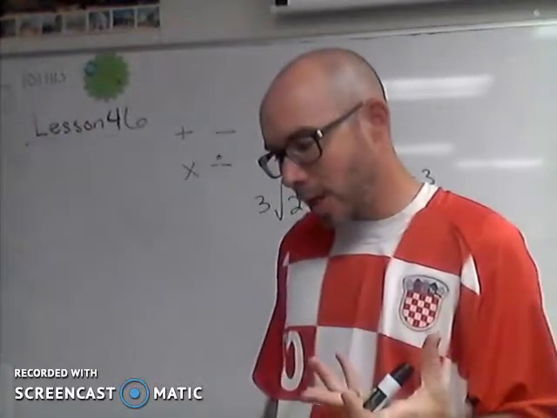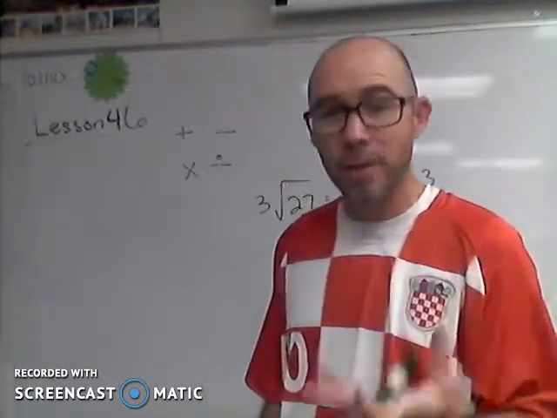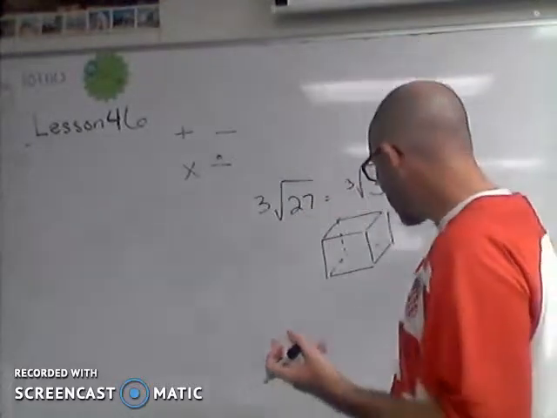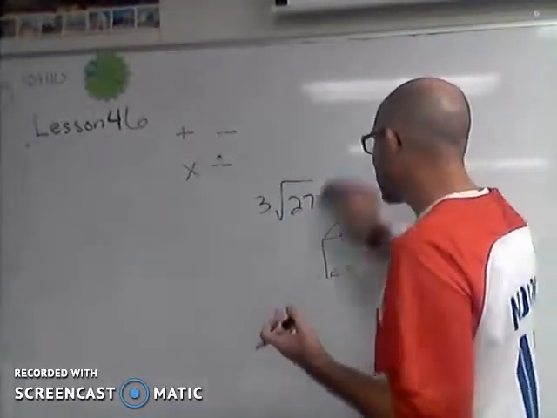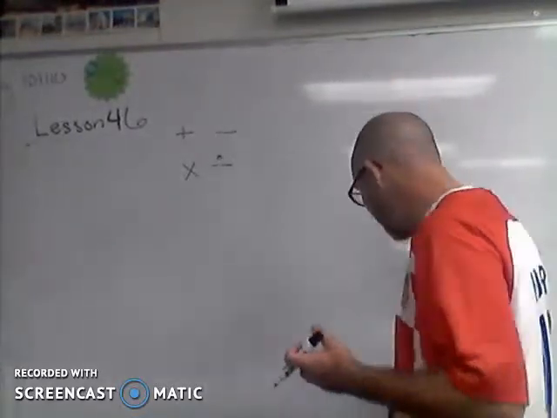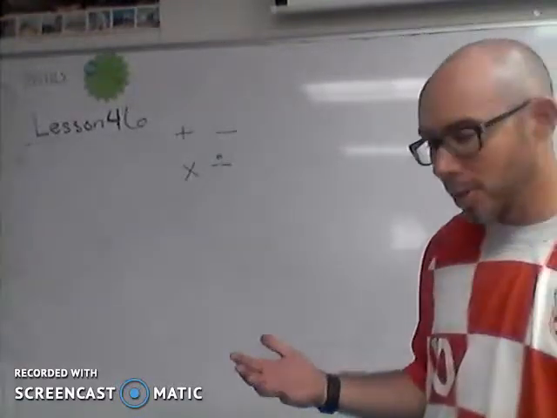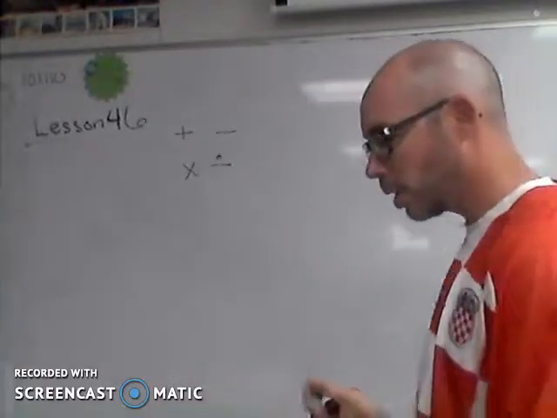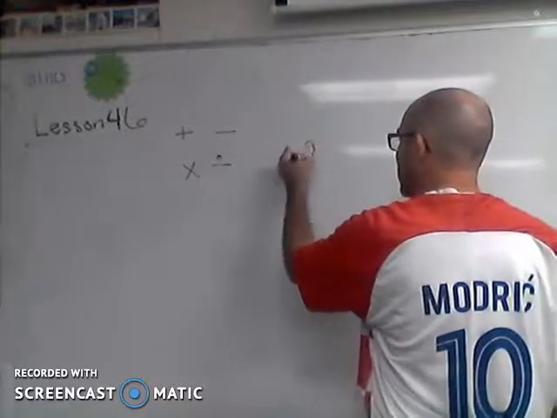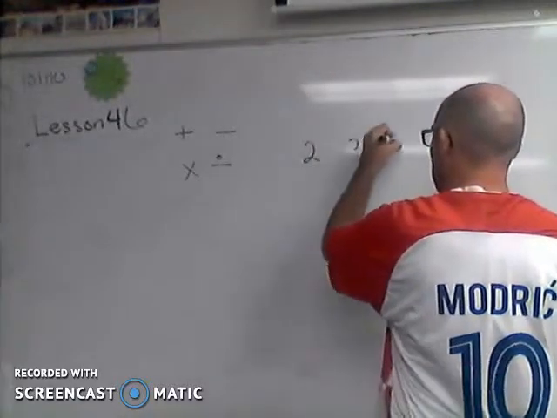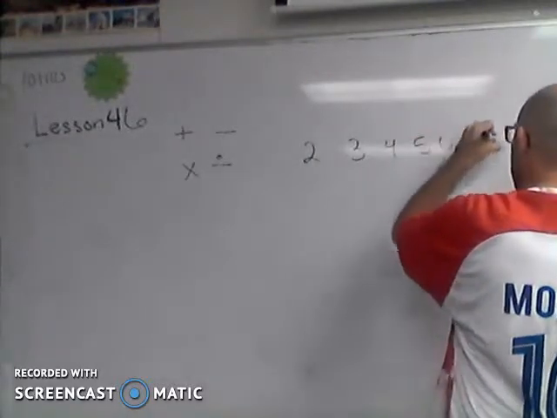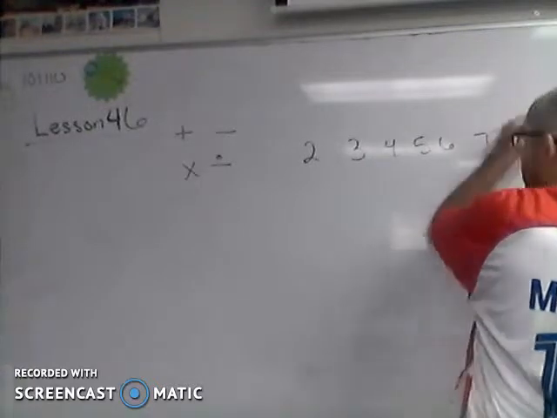So there are some of these that I want you to kind of just get a feel for. I want you to get a feel for recognizing something like 27 as being a cube type of number. It's actually called a perfect cube. And let me give you some suggestions here. 4, 5, 6, 7, 8, 9, and 10.